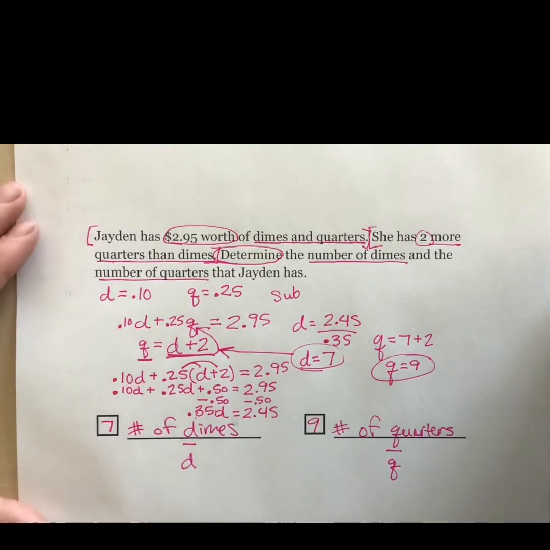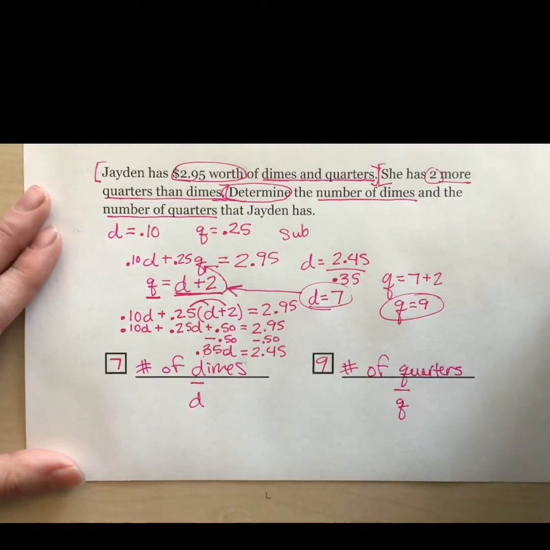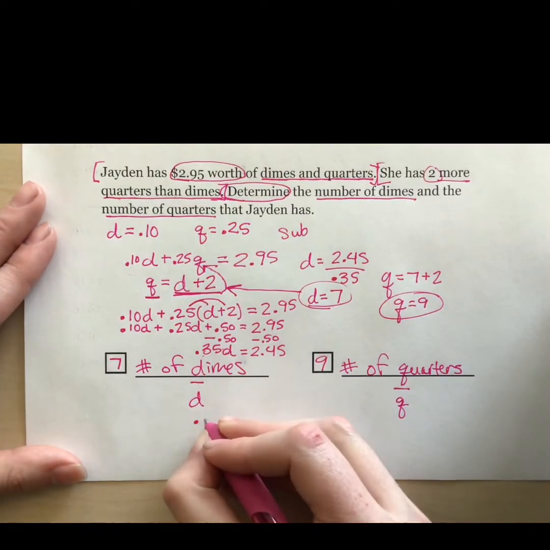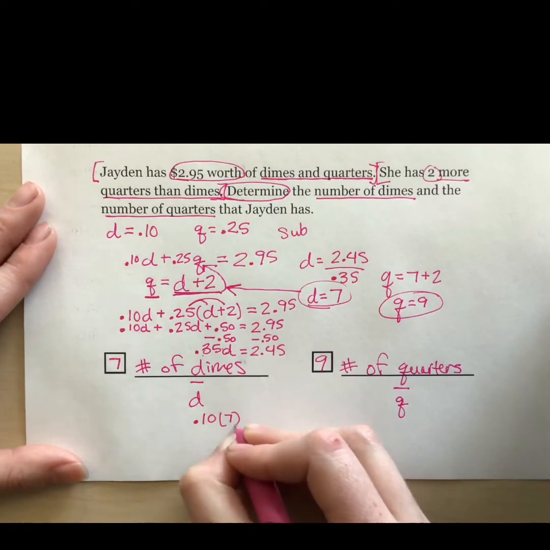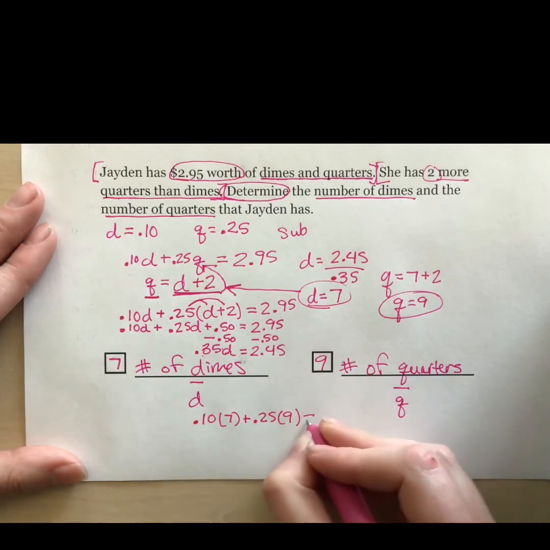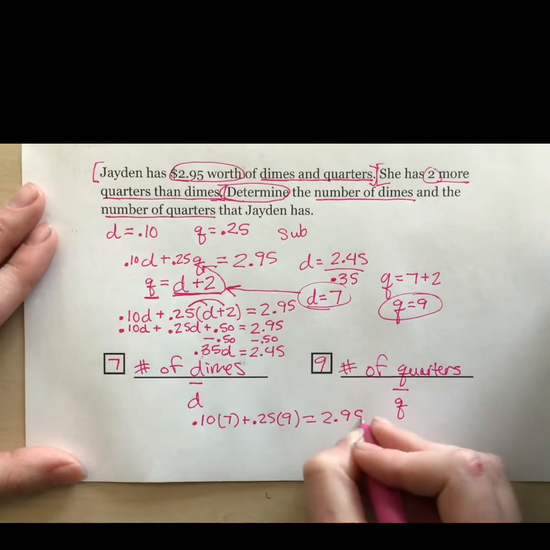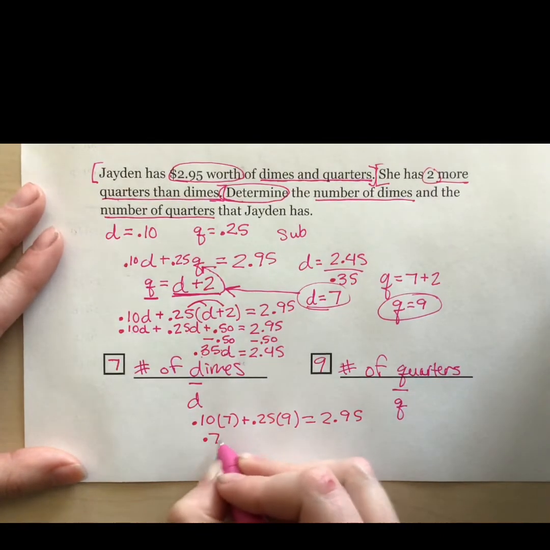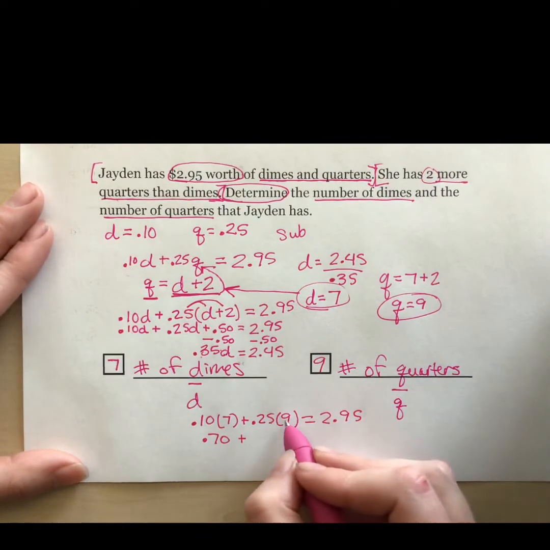Now, if you wanted to double check and make sure that this was right, you can plug it back into that top equation there, and we'd have 10 cents times 7 plus 25 cents times 9, and we hopefully will get that to equal $2.95. Well, this would be 70 cents plus 25 times 9.